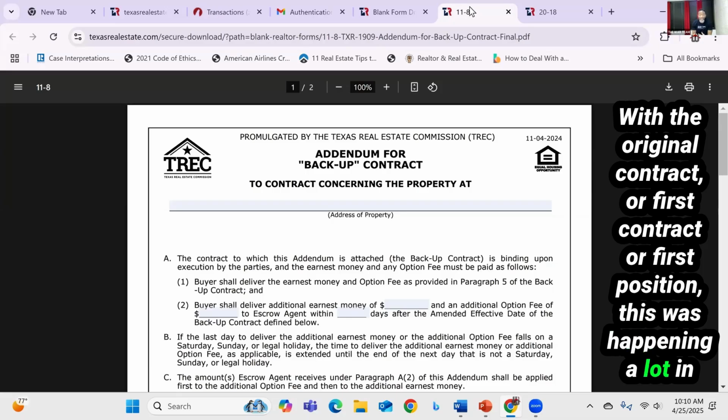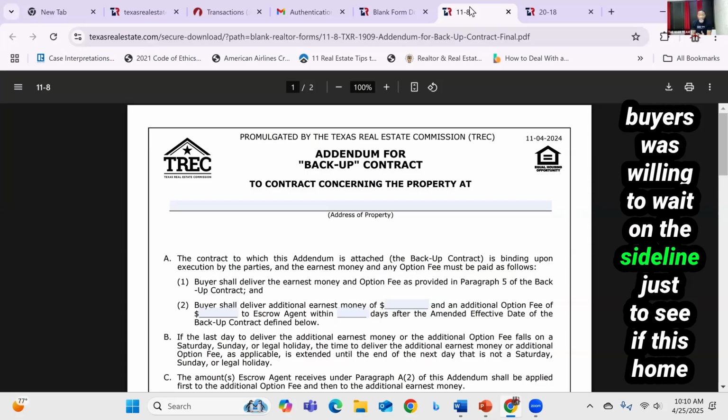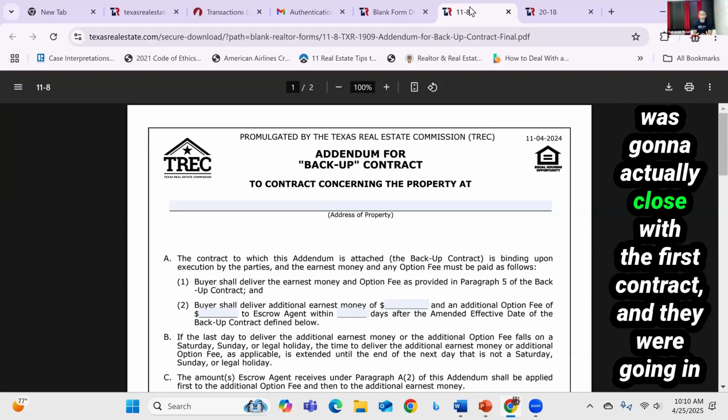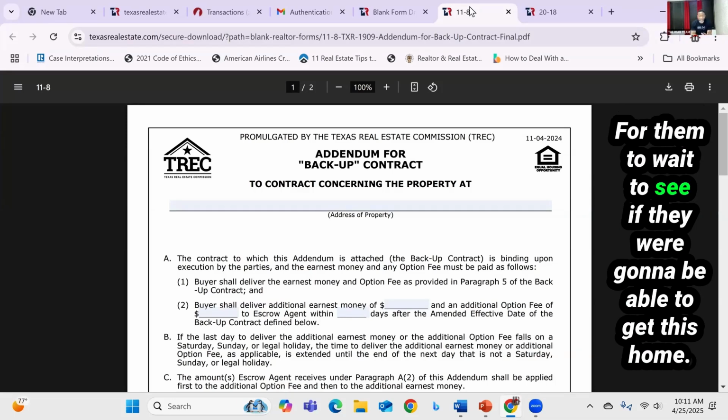This was happening a lot in COVID because people were going rampant buying homes, and buyers were willing to wait on the sideline just to see if this home was going to actually close with the first contract. They were going in second position or backup position, and this is how it was being formed for them to wait to see if they were going to be able to get this home.